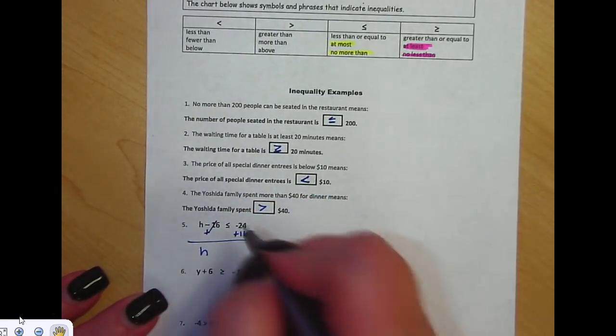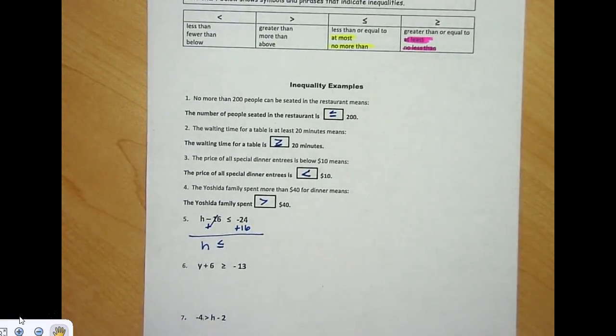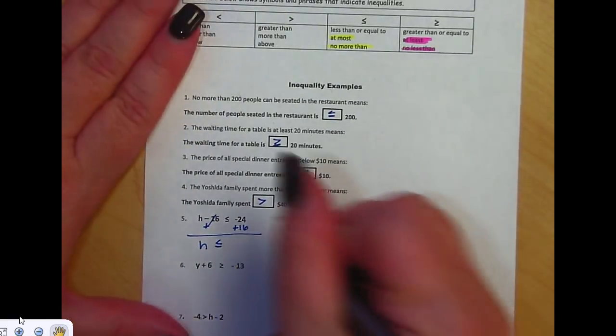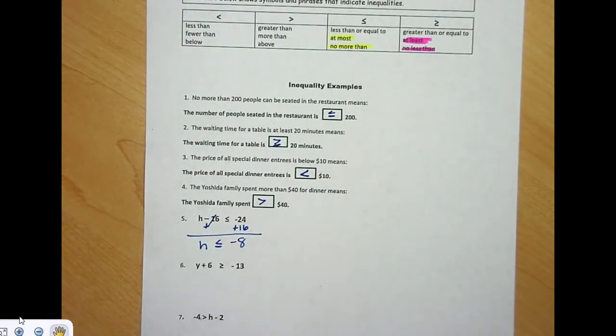H less than or equal to negative 24 plus 16. Anybody know that math? Negative 24 plus 16. Marcus? Negative 8. So h could be any number less than or equal to negative 8.